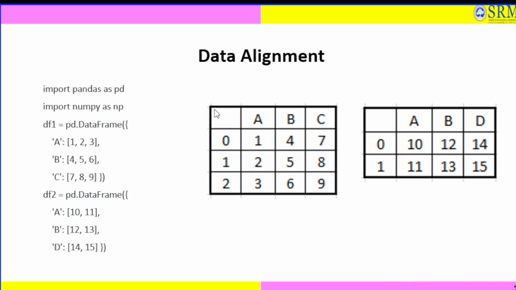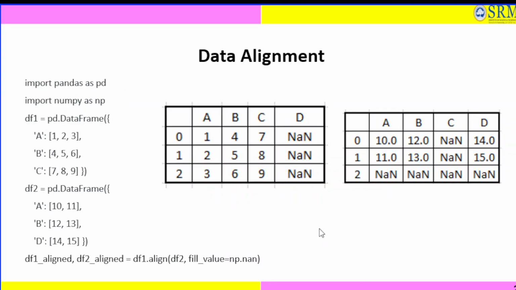First we are going to create a data frame like this. So this is one data frame, this is another data frame. Two data frames have been created, df1 and df2, with a set of values. Now in order to align these data frames, we are going to use the align function.